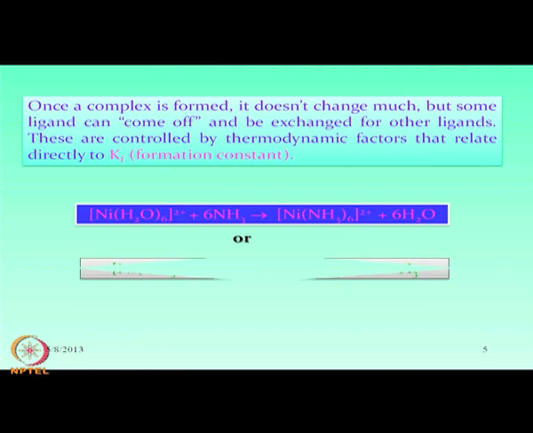Or we can consider it in another way, that we take some other ligand with that of the formed species. That means, when the hexaammine nickel 2 ion is formed from the hexaaqua nickel 2 ion, it is further reacting with 3 molecules of ethylene diamine, and ethylene diamine is also nicely substituting all the 6 amine molecules.